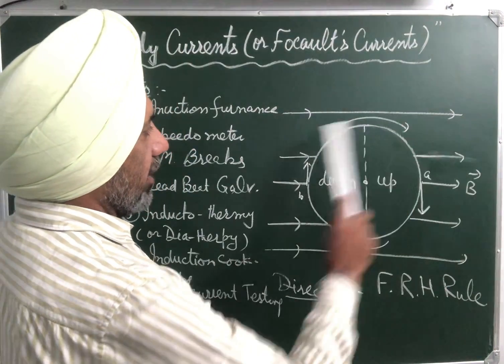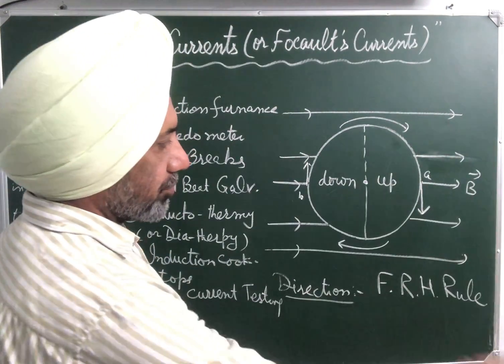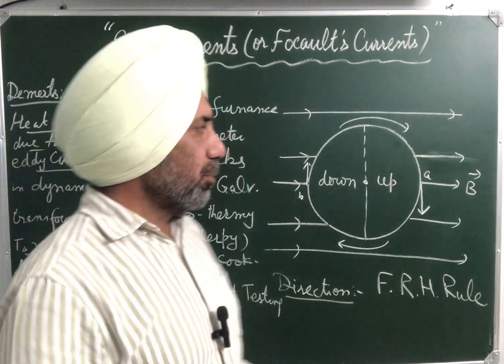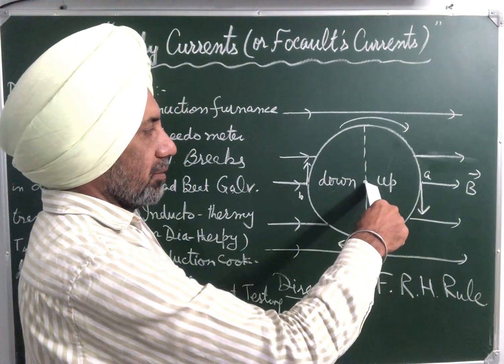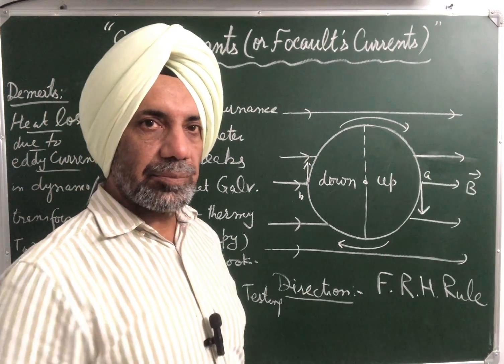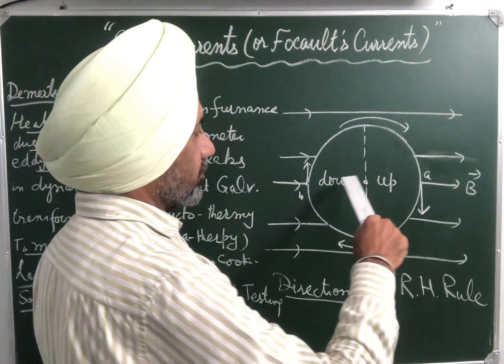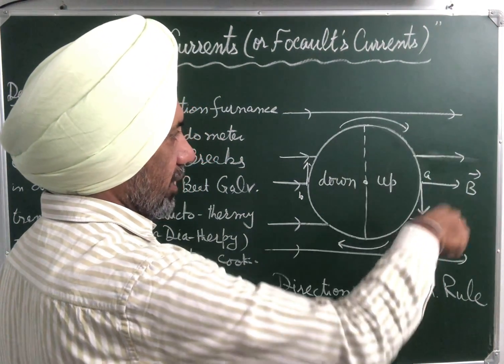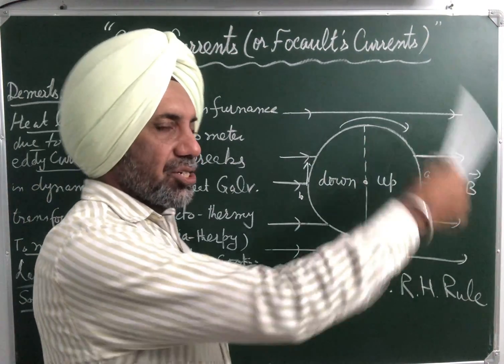Suppose we have a magnetic field from left to right, and we place a cylinder with its axis perpendicular to the board, and it is rotated in the magnetic field in the clockwise direction, say.